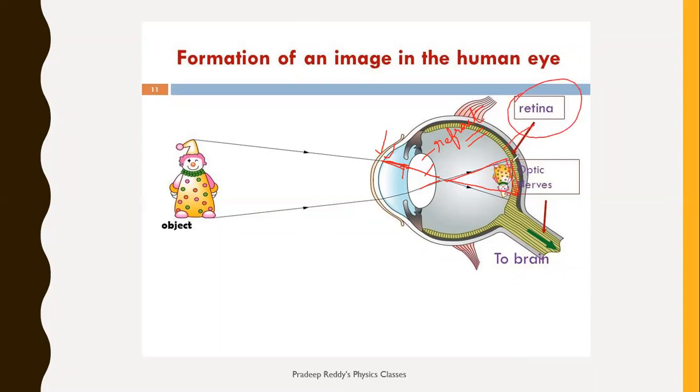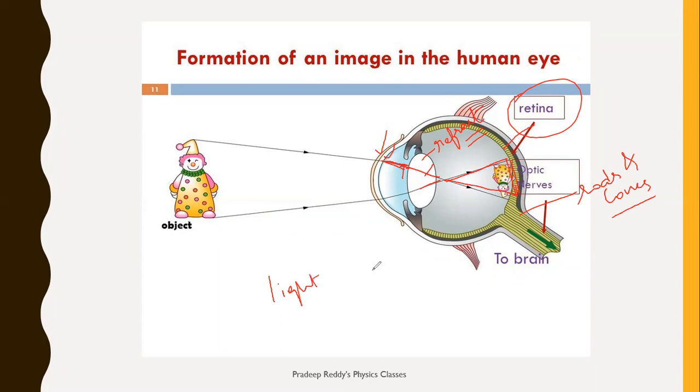When these light rays are received by the retina, the retina has rods and cones. These rods and cones convert the light signals.